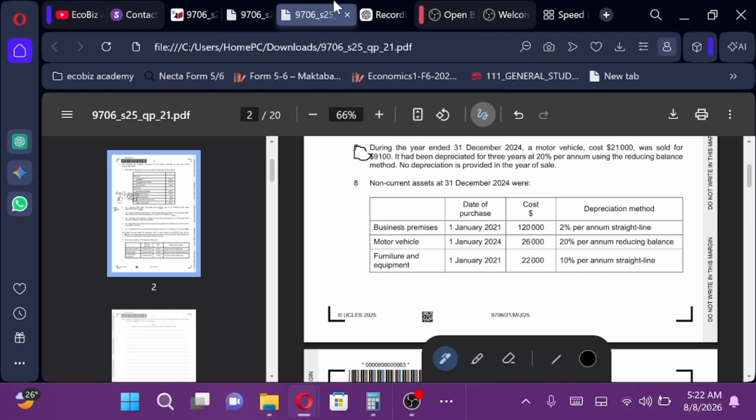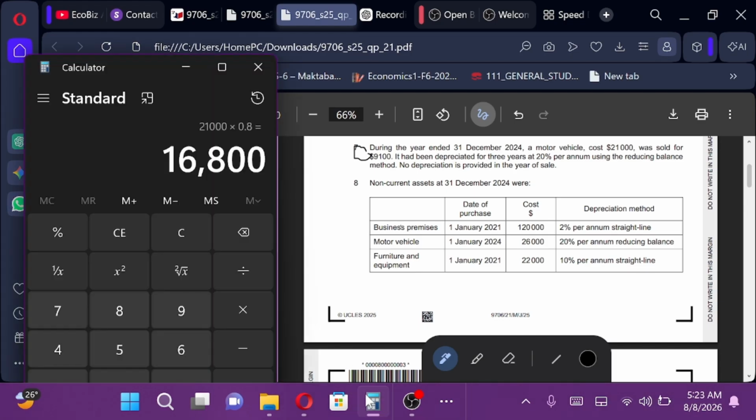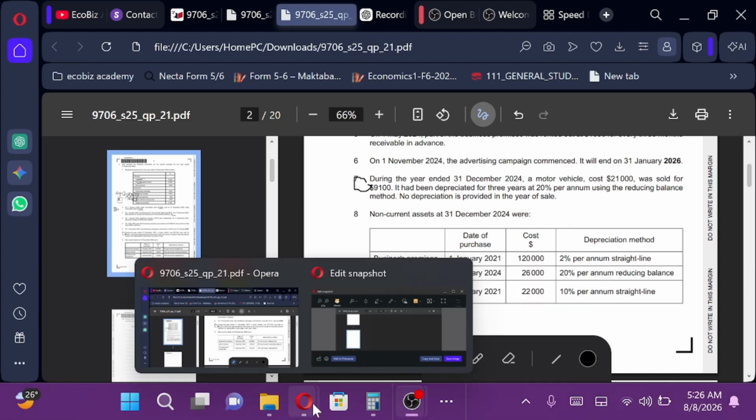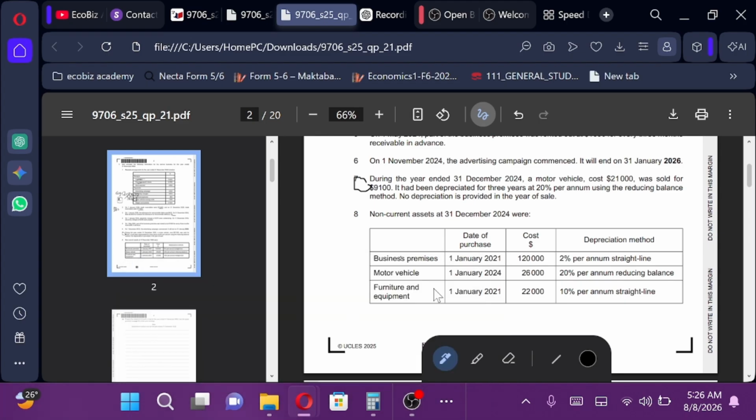So this is what we're going to do. This depreciation which we got here is for the first year, which is 1st of January. Okay, guys, going back to what we're saying.